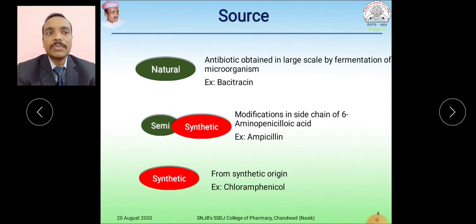Semi-synthetic means we have a naturally obtained drug, and then we modify its structure by a synthetic method. For example, ampicillin, when we modify the side chain at the 6th position of 6-aminopenicillanic acid. Synthetic means obtained totally by a synthetic method, for example chloramphenicol.